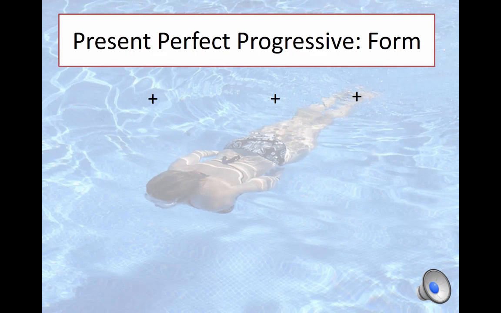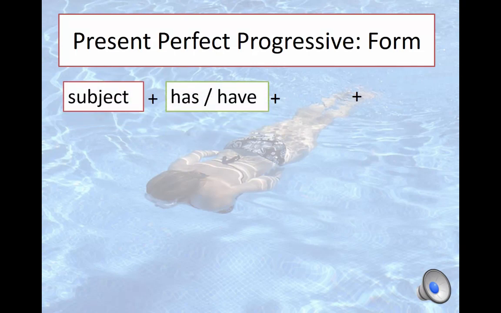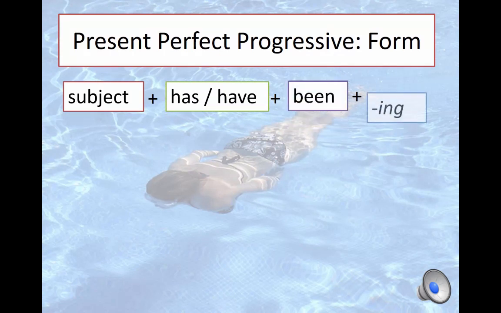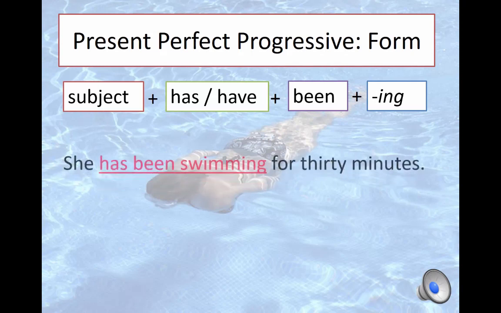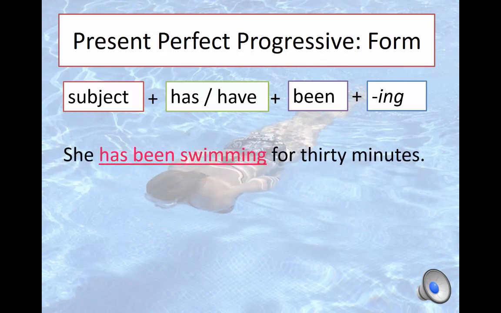Let's look at how we form the present perfect progressive. Of course, we need a subject, and then we need has or have, been, and a verb in the ing form, or a present participle. For example, she has been swimming for 30 minutes.